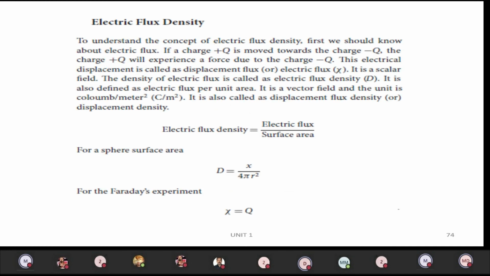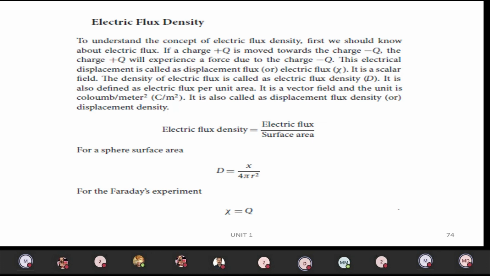Then electric flux density. So far we have seen electric field intensity and these concepts. So what is electric flux density? Simply, electric flux density is electric flux per unit surface area. Electric flux is a scalar field, and electric flux density is a vector field, and its unit is coulomb per meter square.